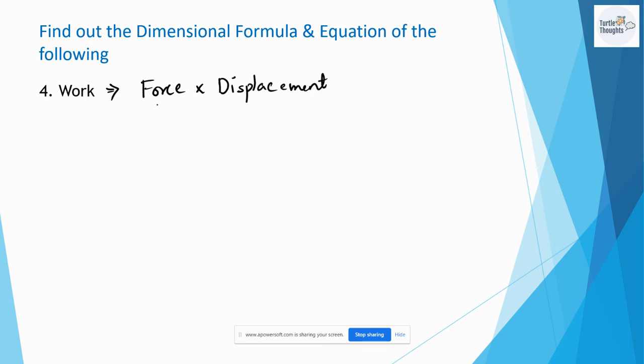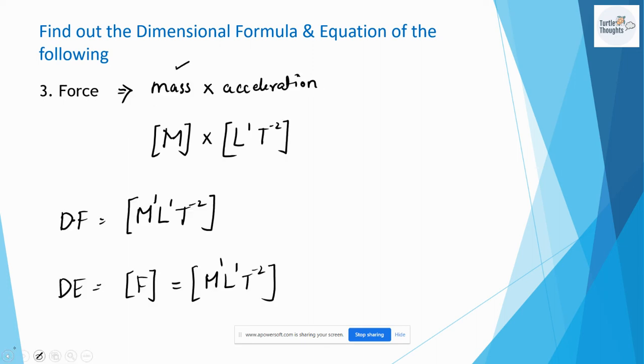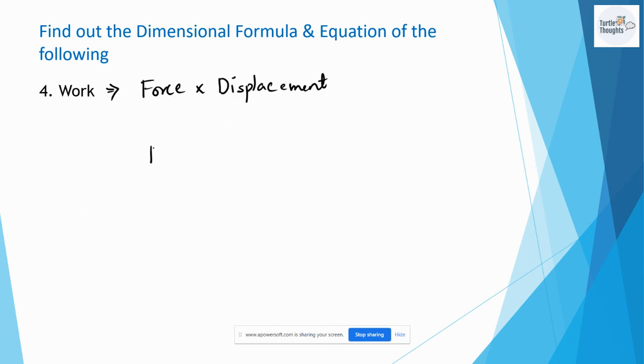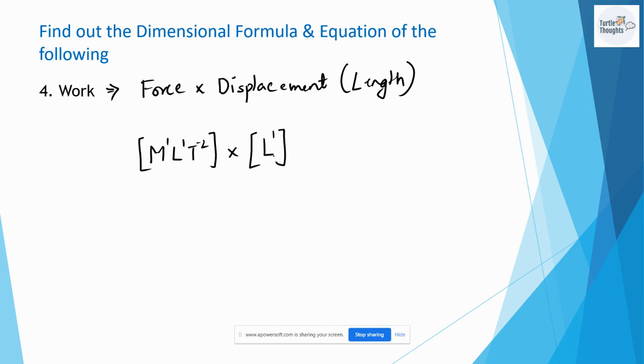We know the dimensional formula for force. For the force, it is M to the power 1 L to the power 1 T to the power minus 2. So I'll be writing down here M1 L1 T to the power minus 2, multiplied by displacement. What is displacement? Here we are just measuring our length, right? So for length, what is the symbol? It is L to the power 1. So L to the power 1 here, L to the power 1 here.